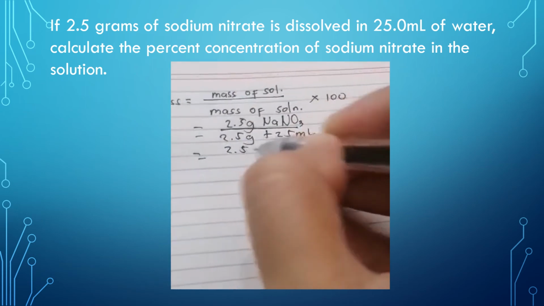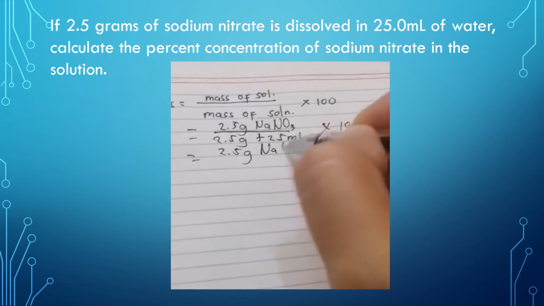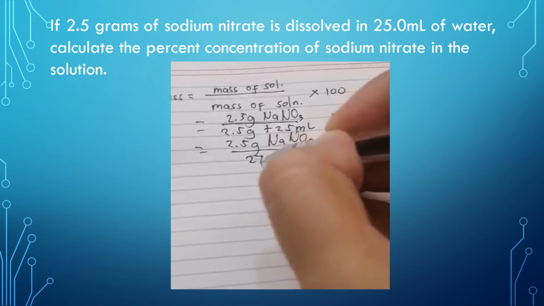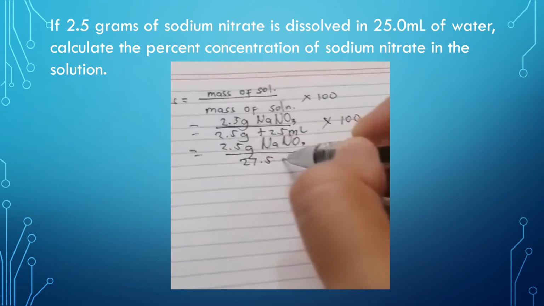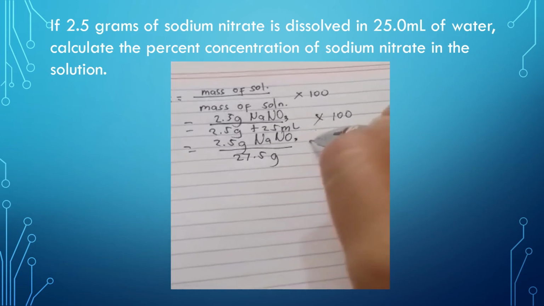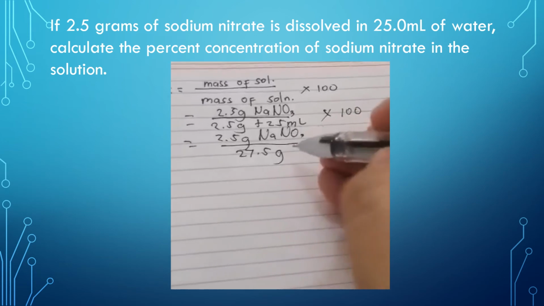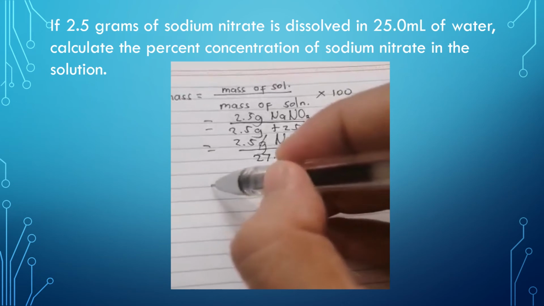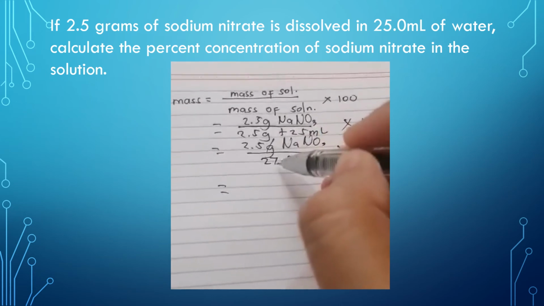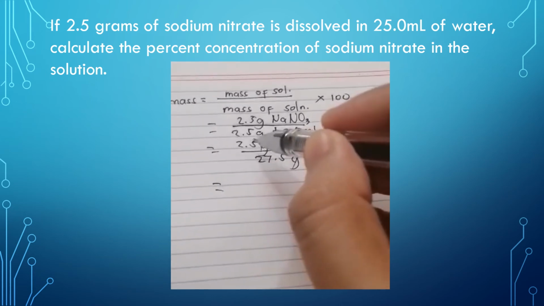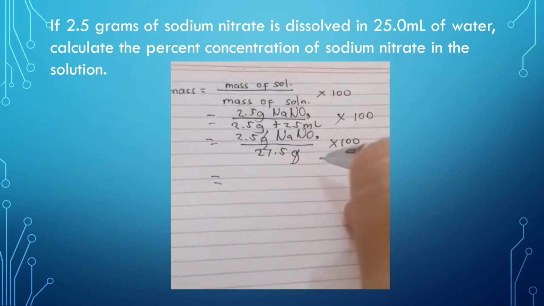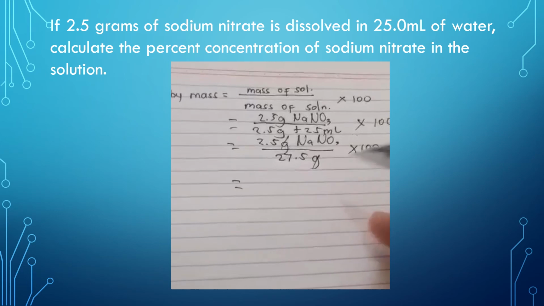Next, 2.5 grams sodium nitrate over 27.5. Let's just put grams there. Times 100. Then, cancel the units. Now, divide 2.5 by 27.5. You may use a calculator for this.